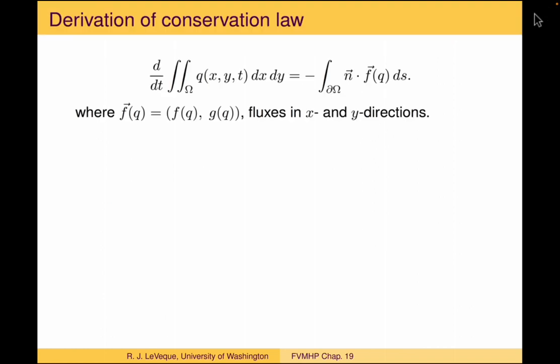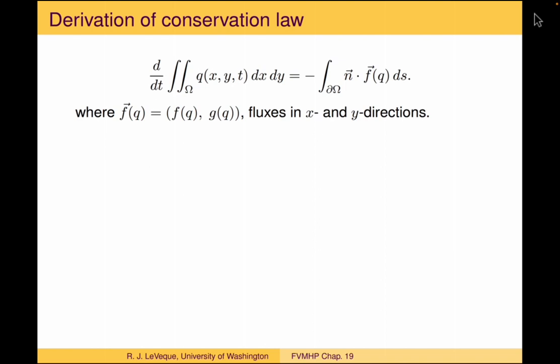So if you recall from the derivation of a conservation law in 2 dimensions, the conservation law came from this integral form, where the total mass of Q in some region omega changes only due to fluxes around the boundary. And if we assume that this vector flux function f dotted with the outward pointing normal gives the flux across the boundary at each point, then we have this conservation law.